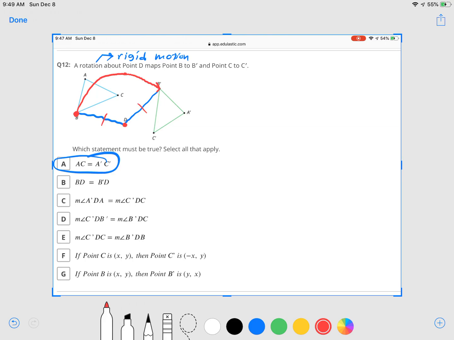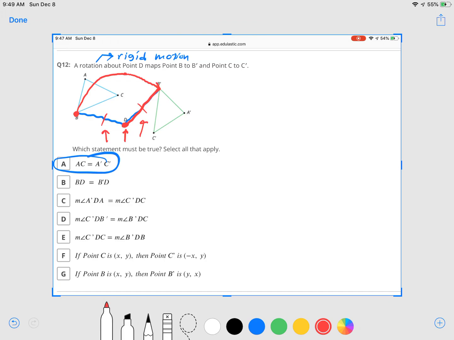It's a circle. A circle is the shape that's being traced out. So that red arc is part of a circle. And both of these blue lines, guess what? They go from the center of the circle where D is out to the edge of the circle, which makes them radiuses. And the radius is the same.